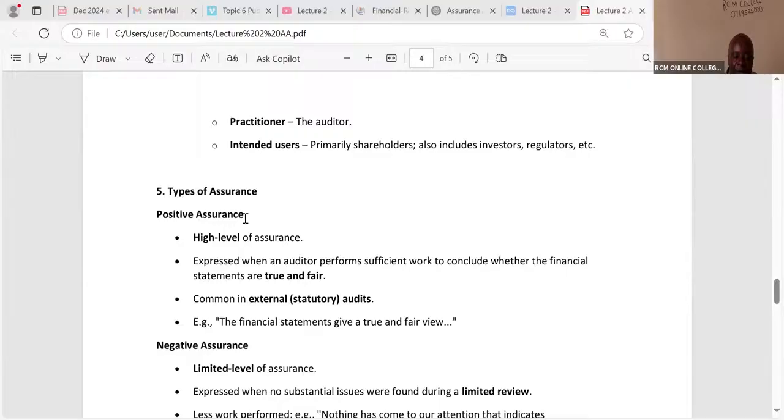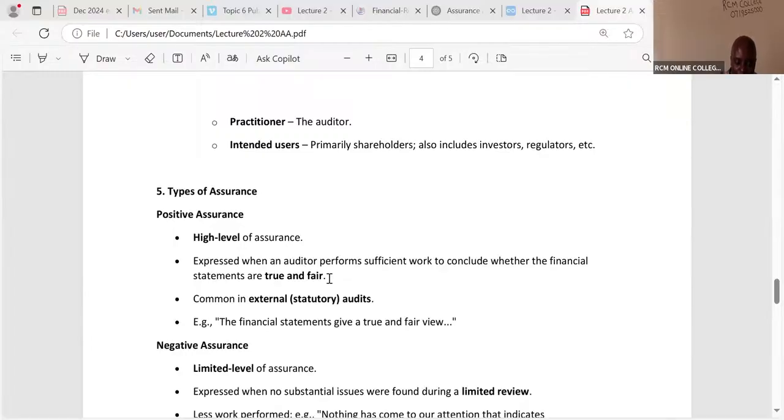So remember, positive assurance is a high level of assurance, not 100%, not absolute, but a high level of assurance expressed when an auditor performs sufficient work to conclude whether the financial statements are true and fair. When I'm able to collect sufficient, appropriate audit evidence, then I'll be able to give, ladies and gentlemen, a high level assurance, which is positive.